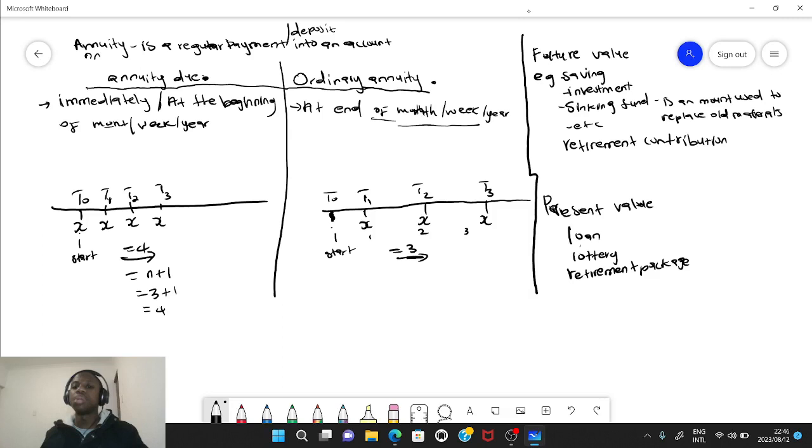So in that pension scenario, we can break it into two parts. We have a retirement contribution, which is the amount that they took from their salaries while they were still working, and then whenever they retired, they received a retirement package, right? So now it becomes the present value because they have the money at that certain time. So now we have the example, we have these two values, right?